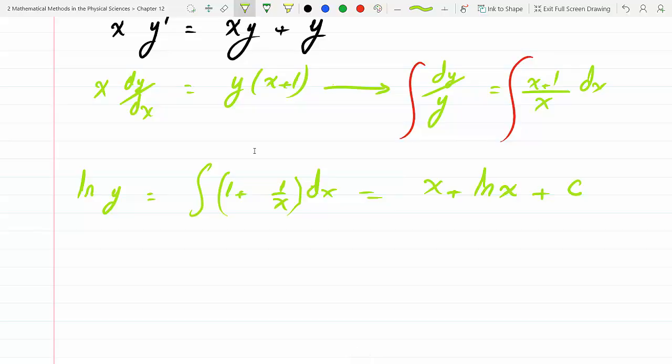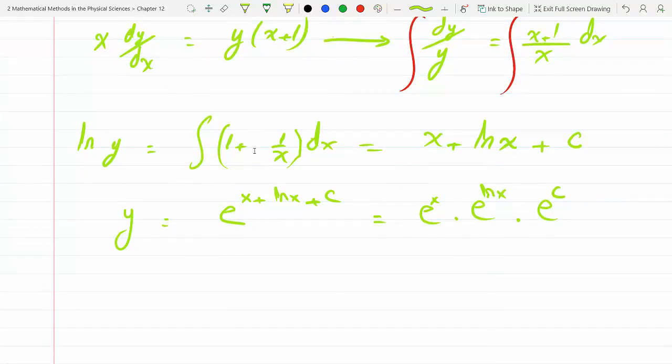So y equals e raised to the right hand side, x plus ln x plus c, which I could write as e to the x times e to the ln x times e to the c. And e to the c is just another constant, yeah?